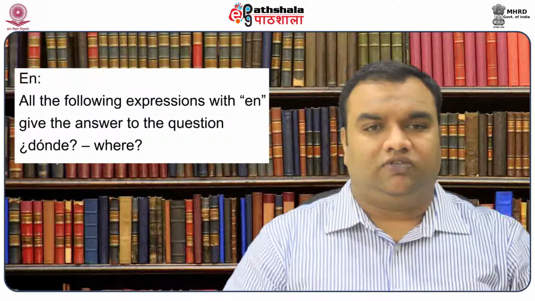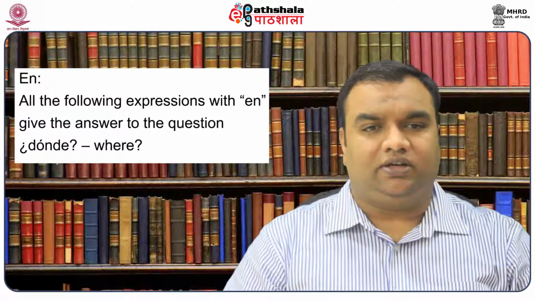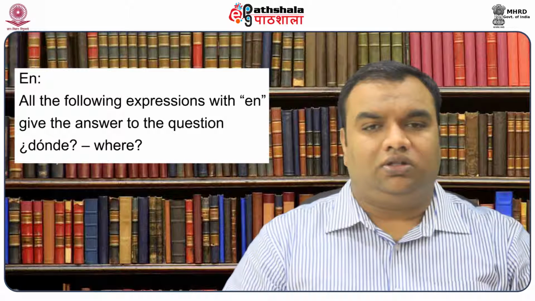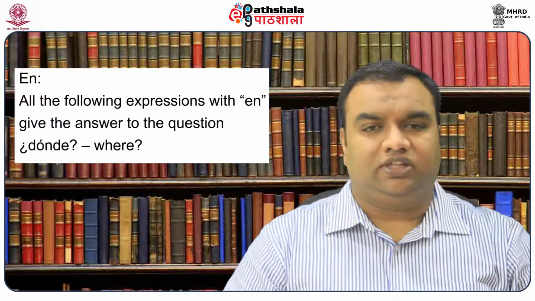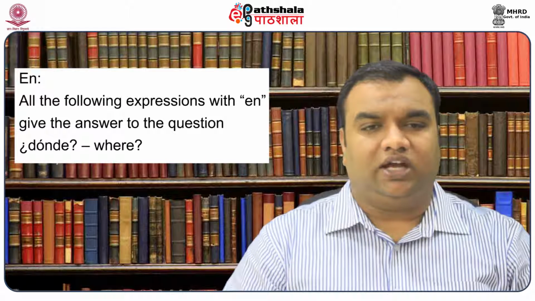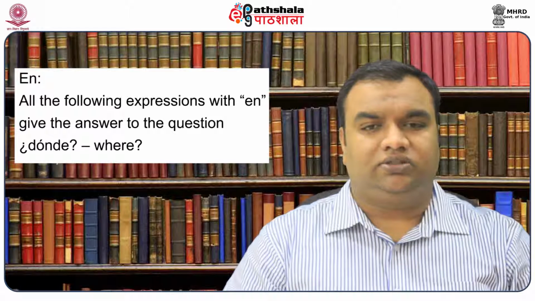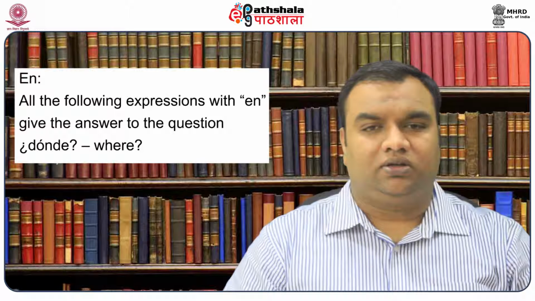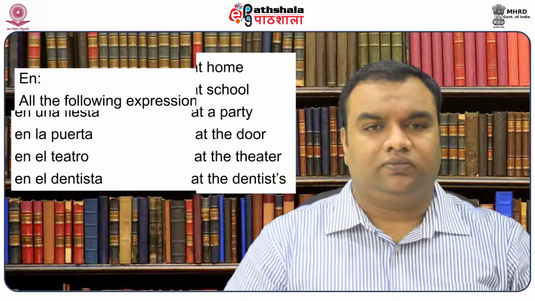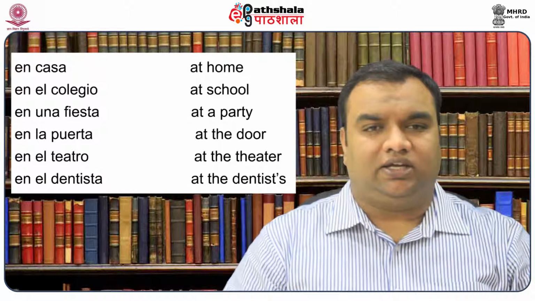We start with the prepositions related to location and position. The first preposition is en. All the following expressions with en give the answer to the question ¿Dónde? Where? En casa, at home.